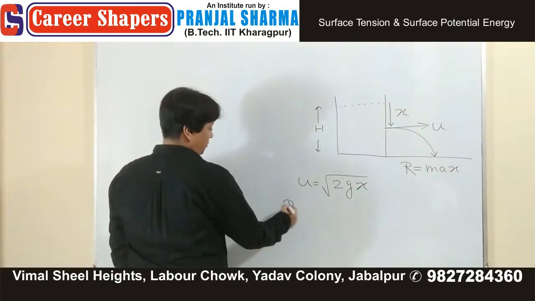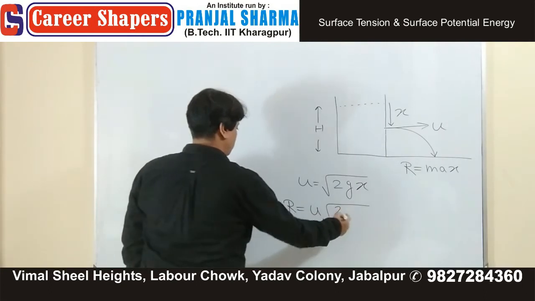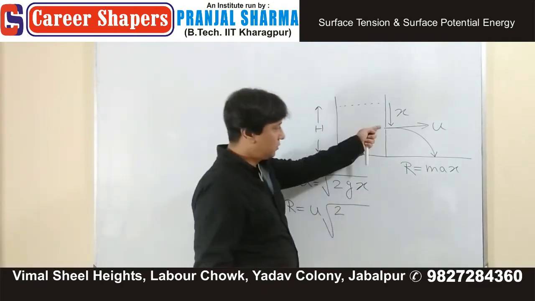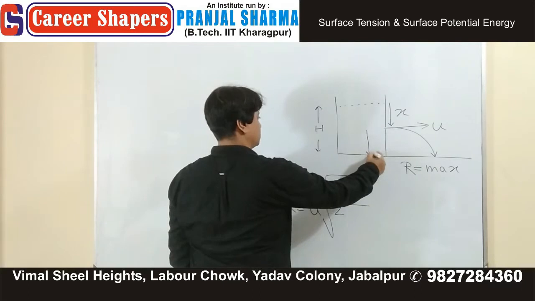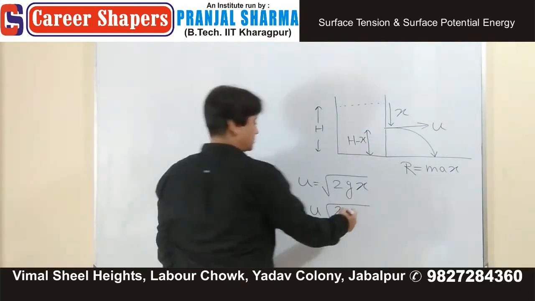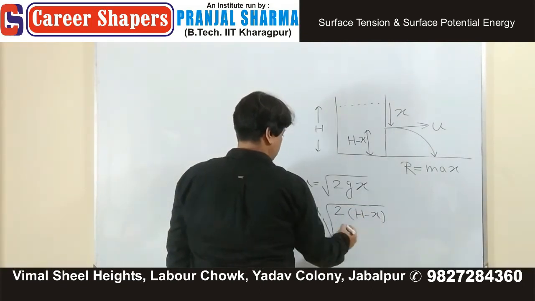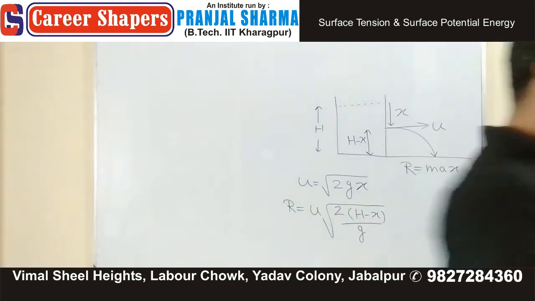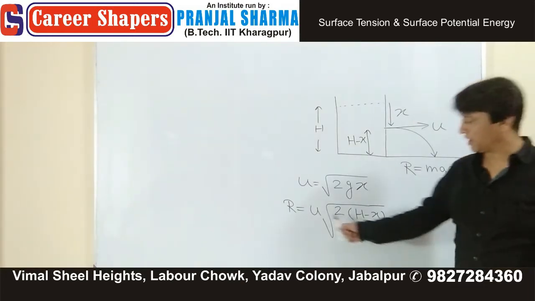And the formula for range is what? U times root over 2h divided by g. Which h? This h, which in this case is h minus x. This is the formula for range.